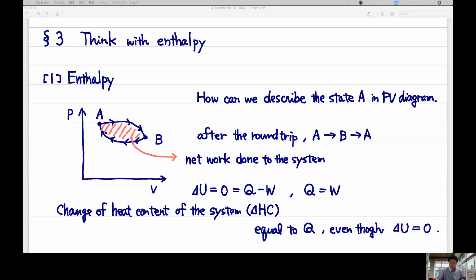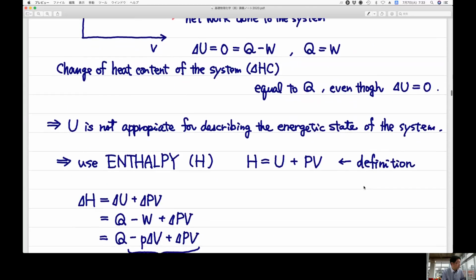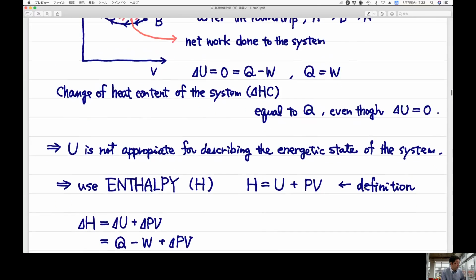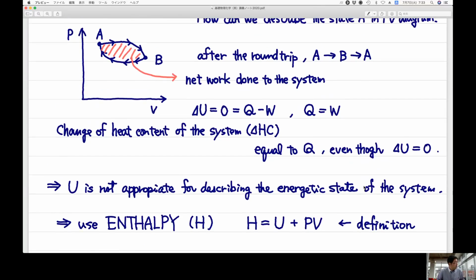Okay. As I described before, U is not appropriate for describing the energetic state of the system. Instead of the internal energy, we can use enthalpy, large H.